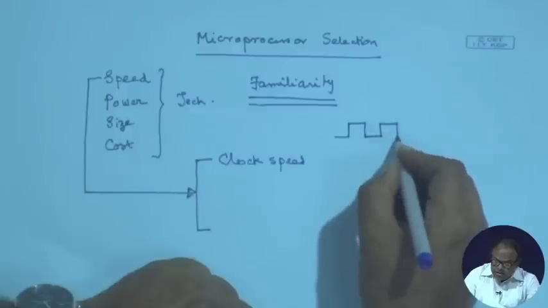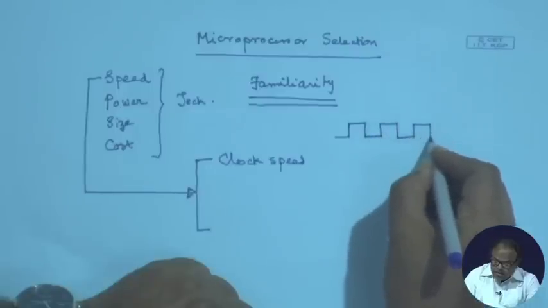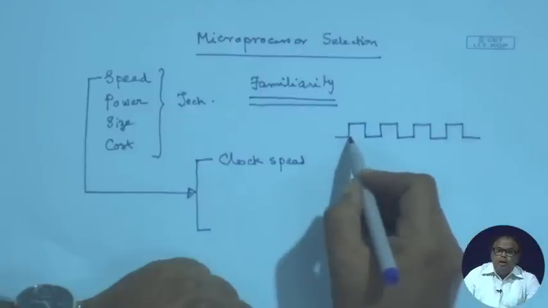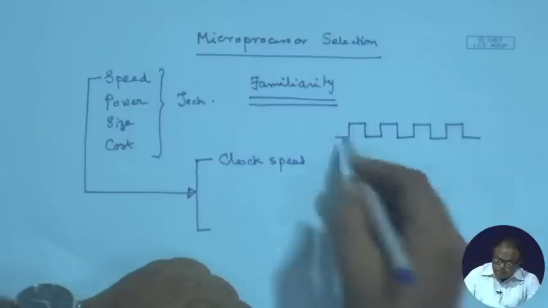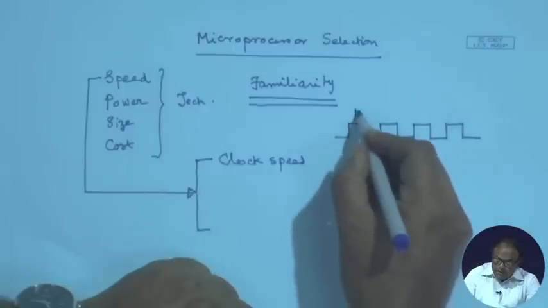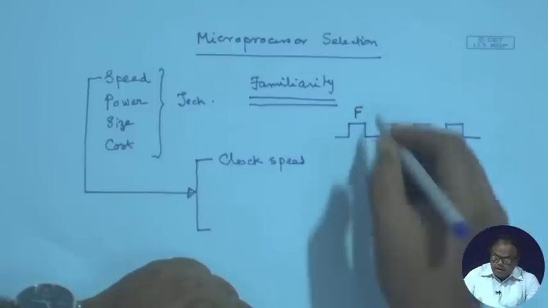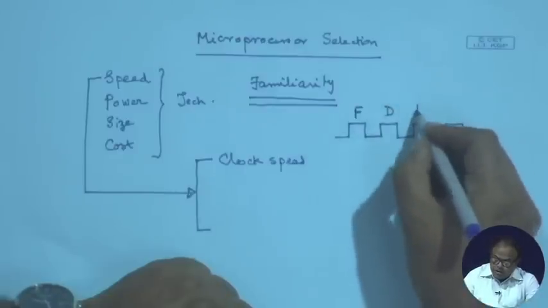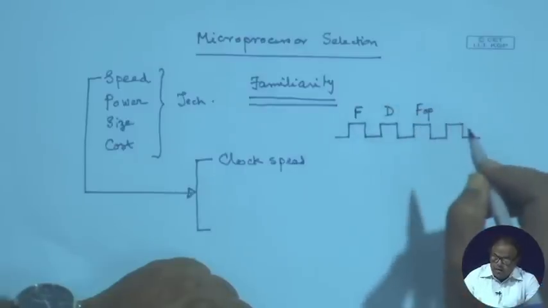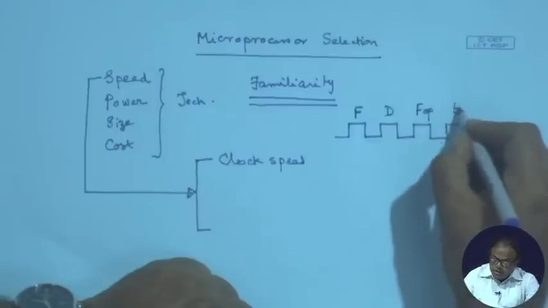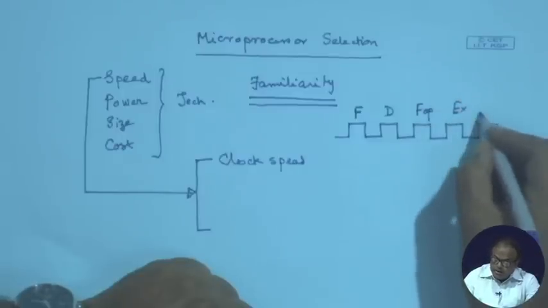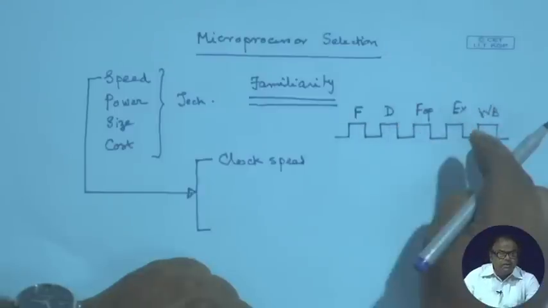clock pulse, and we have got, say here, some fetch being done, some decode being done, I am doing the fetch operand and then I am doing the execute, then maybe I am doing some write back here. Now, for some instruction I may need all these.